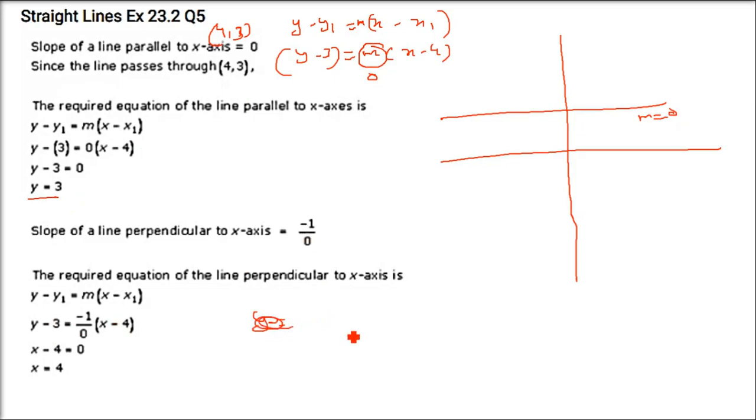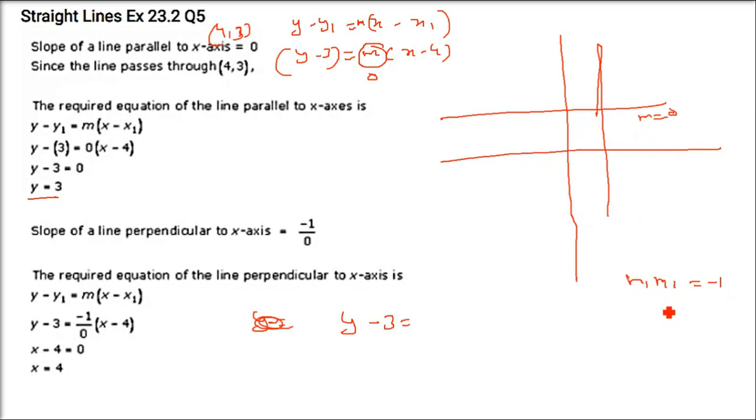Now the line which is perpendicular to the x-axis: y minus 3, same thing you have to write, y minus 3 equals m times x minus 4. We have already done this type of question. What are we going to do? m1 times m2 equals minus 1 when two lines are perpendicular. One line we already know the slope is 0.